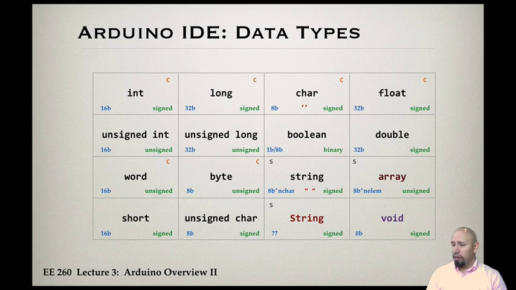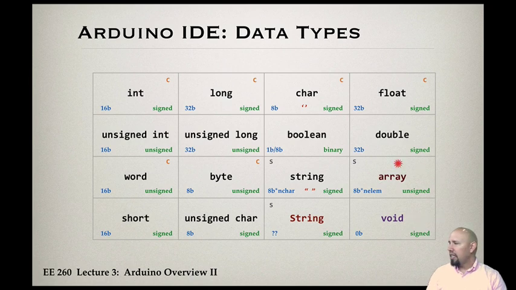Some of these are a little bit different. Notice that here I have string as a different color, because this is a very different kind of data type. It's actually an object. It's not really just a variable type. It carries over from the C++ arena, and so it offers some powerful capabilities, but it's a little different.